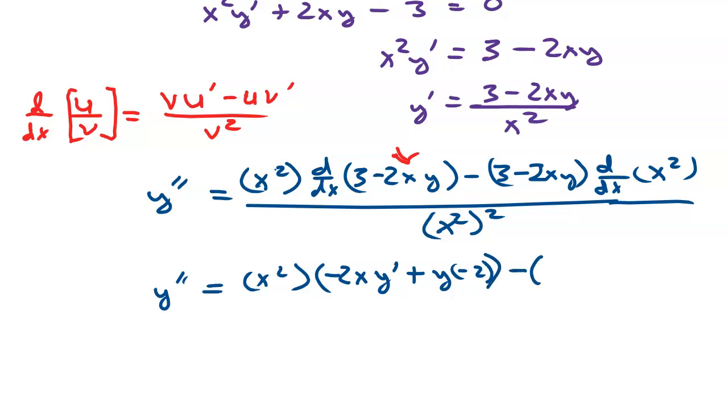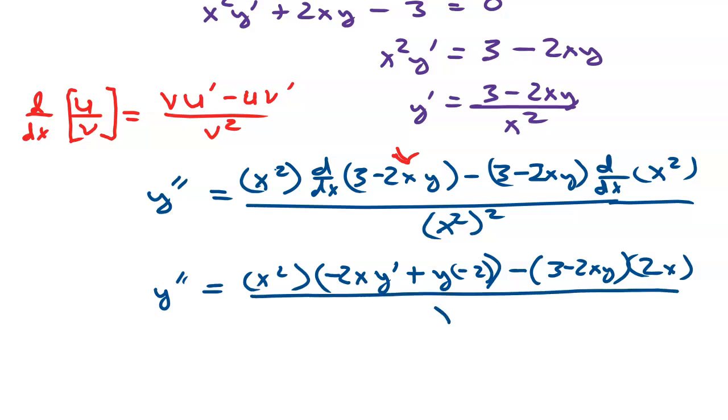And then we have minus 3 minus 2xy, and the derivative of x squared is 2x. All that over x to the 4th.